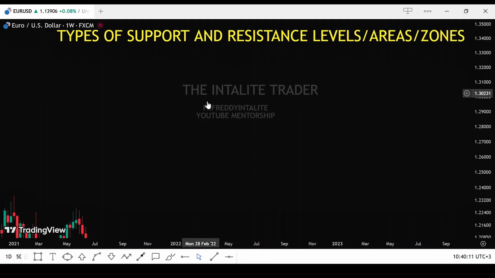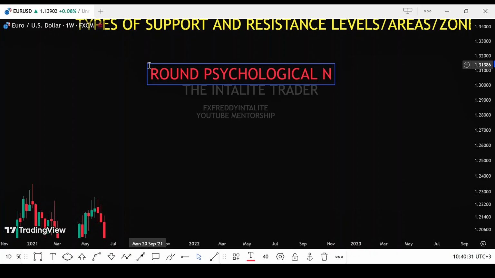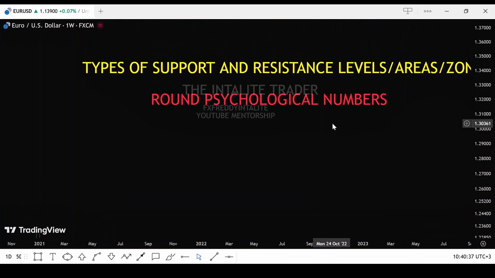Type number two is what we call the round psychological numbers.